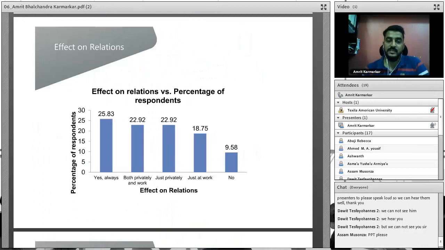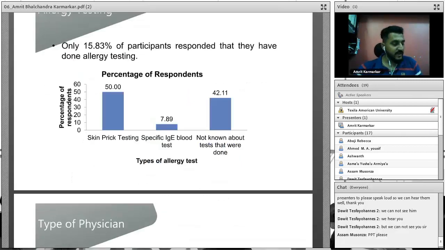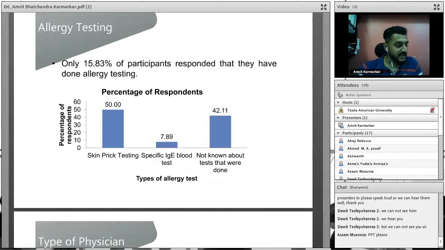Definitely people have an effect of these allergies on their lifestyle and relationships. So yes, it always has an effect, privately as well as at work. Around 20 to 25% of the participants say that it has an effect on some type of relationships with their lifestyle.